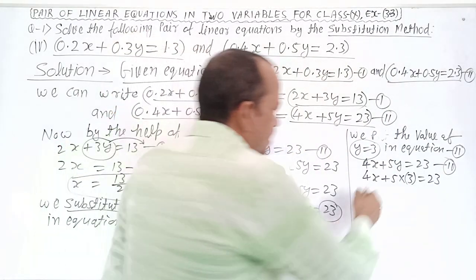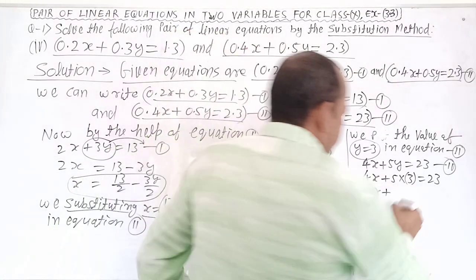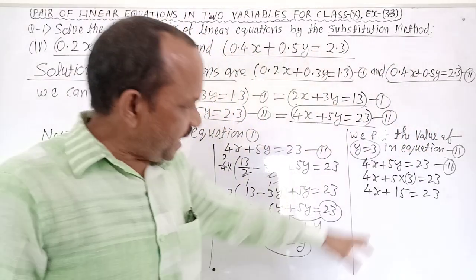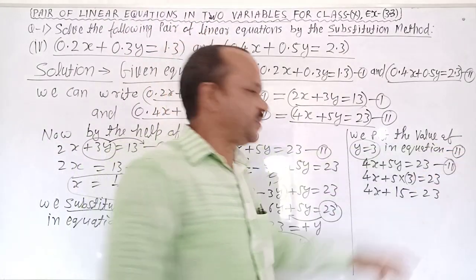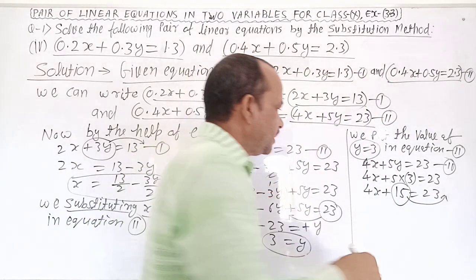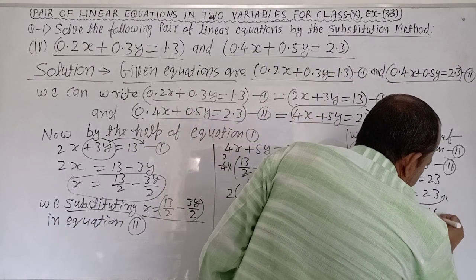Clear? 4x plus 5 3 is 15 equal to 23. Now you write 15 on right side of equal. It becomes 4x equal to 23 minus 15.